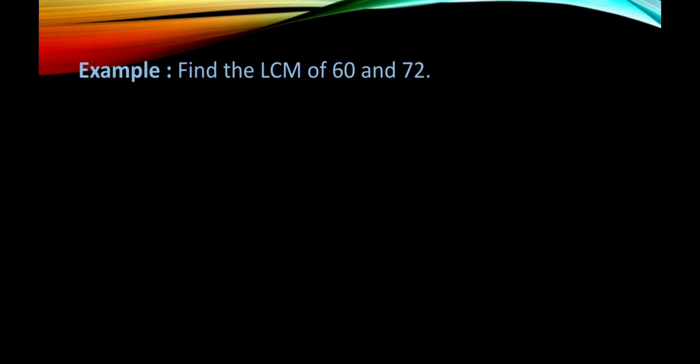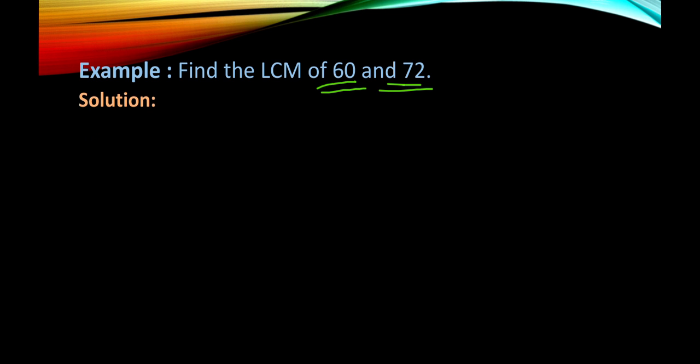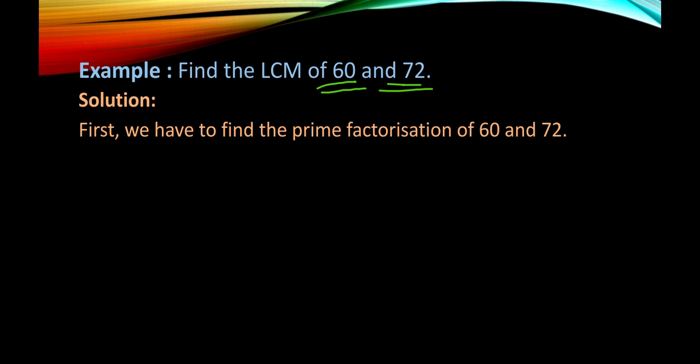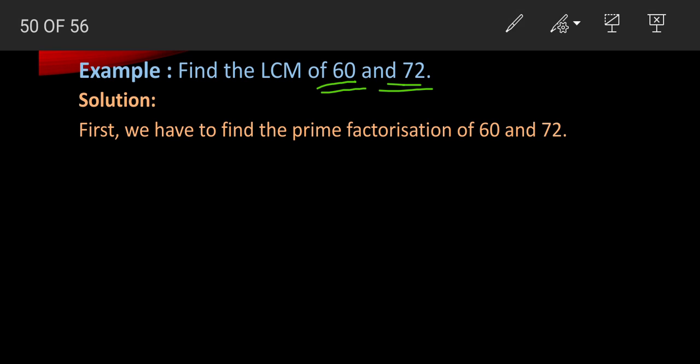So here is an example. Find the LCM of 60 and 72. First we have to find the prime factorization of 60 and 72. We convert 60 as a product of prime numbers.